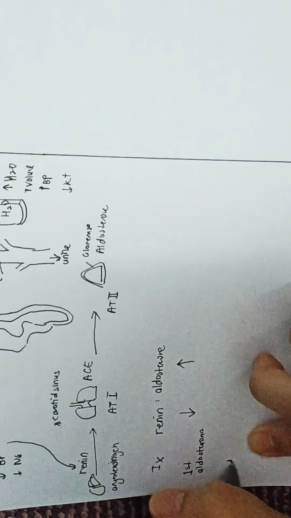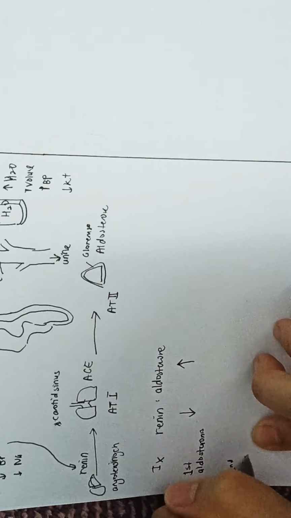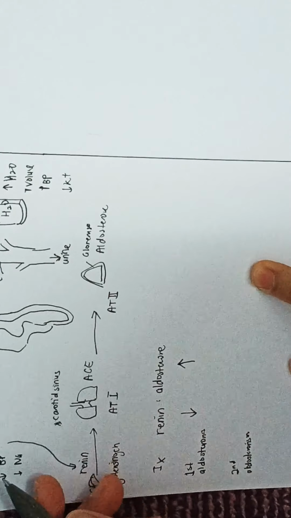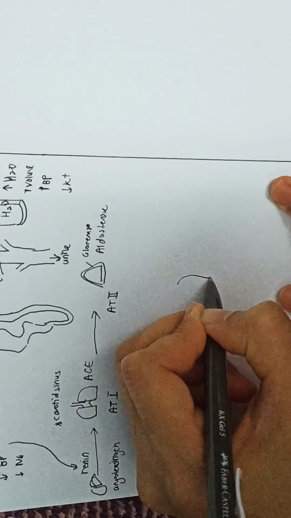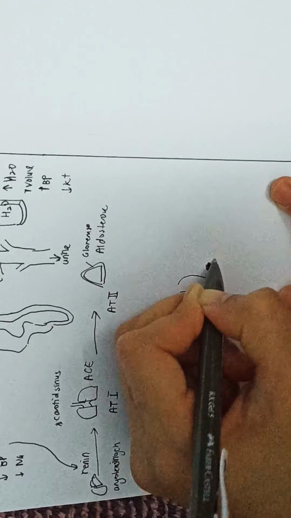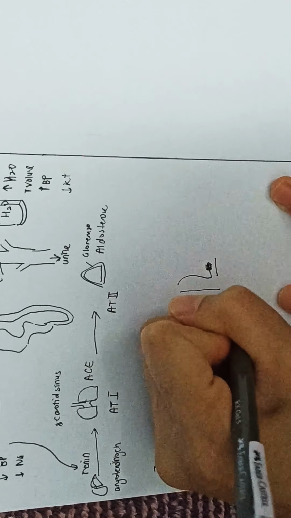But in secondary aldosteronism, what happens is that, for example, there is a coarctation of the aorta, or a compression, or renal artery stenosis.